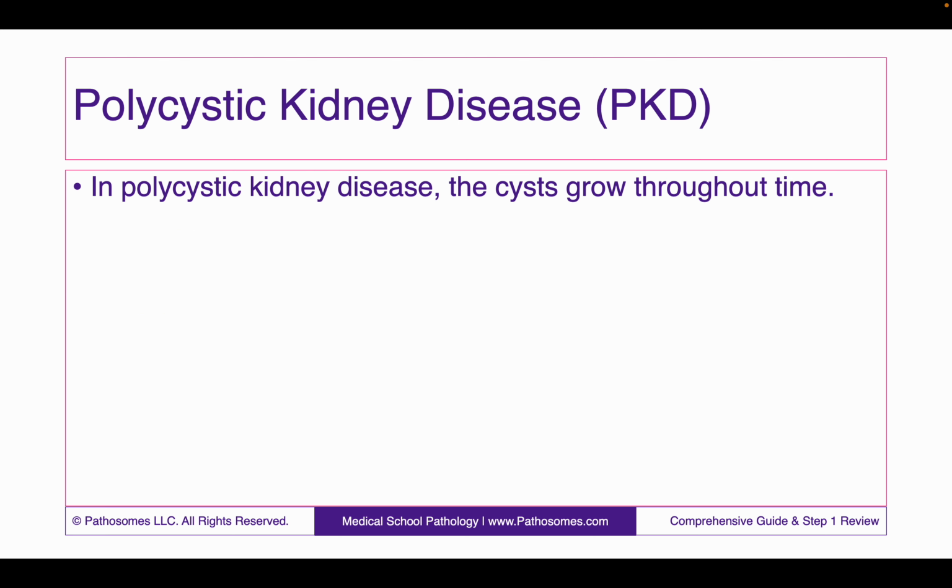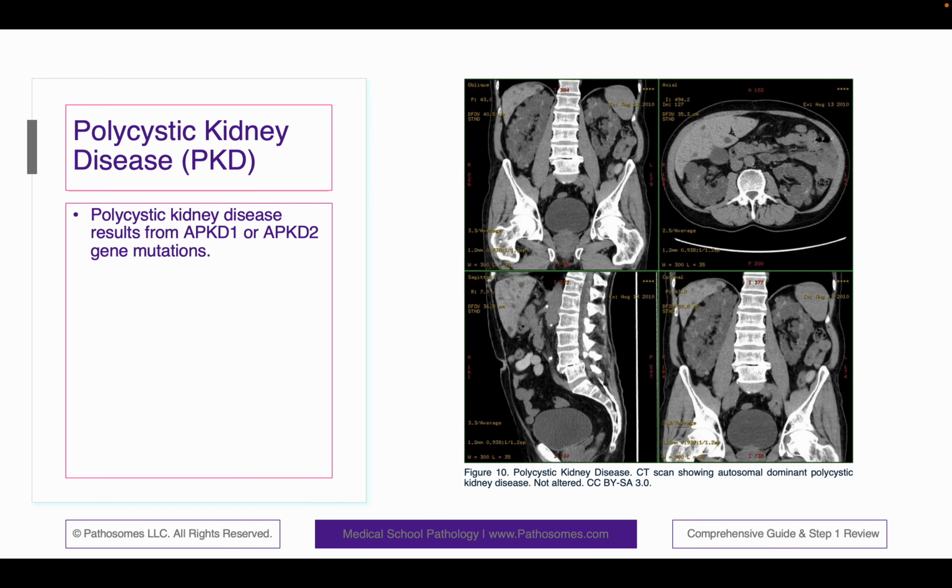In polycystic kidney disease, the cysts grow throughout time. Polycystic kidney disease results from PKD1 or PKD2 gene mutations.